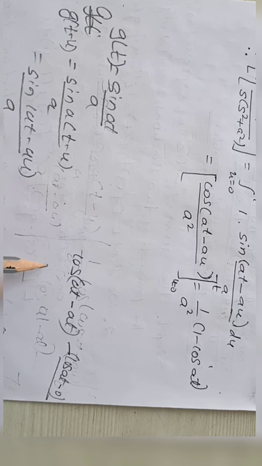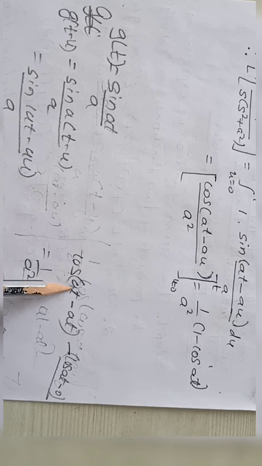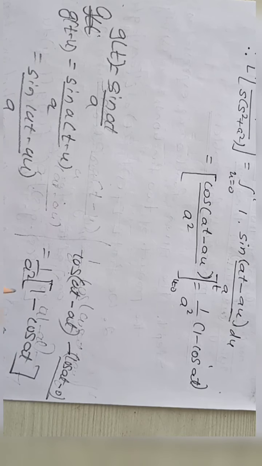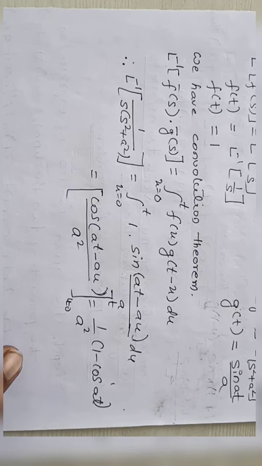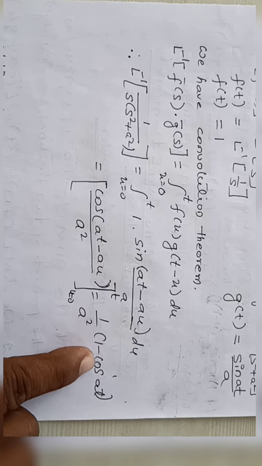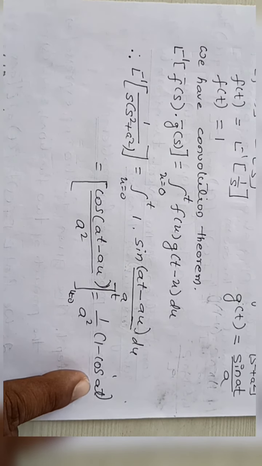So we are getting here 1 upon A square. So first term cos AT minus AT, cos 0 is 1, and remaining terms minus cos AT. This is the final answer: 1 upon A square into 1 minus cos AT.